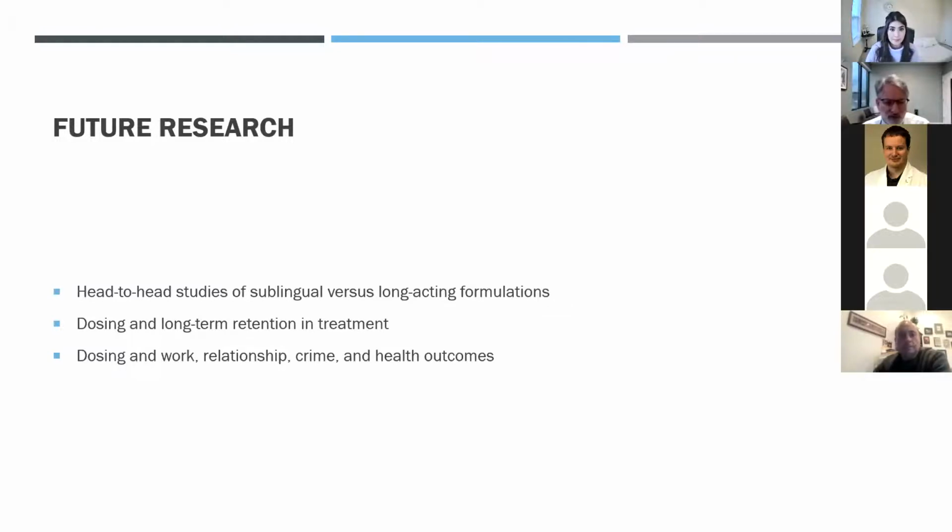Or maybe there's actually going to be some data that shows that over a long period of time, people who are on a given dose that occupies a certain percentage of receptors is going to be optimal for retention in treatment. And then along those lines, how is dosing going to affect work and relationships and crime and health outcomes? We don't tend to think about crime as an outcome measure in our program treating people with opiate use disorder.